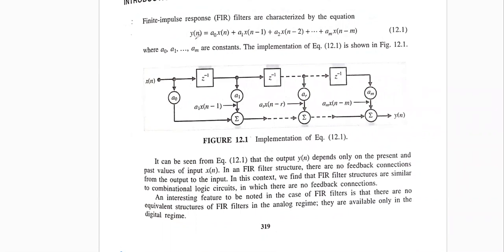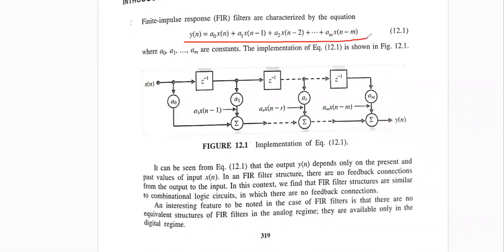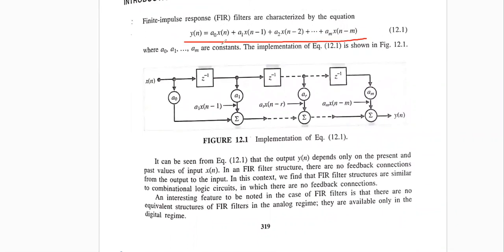So at the very beginning, it is mentioned that this is the equation for a FIR filter. This is a FIR filter of general type where we have our output. So the final output depends on the input value and the delayed version of the input value, and the summation of the input values will produce the output.